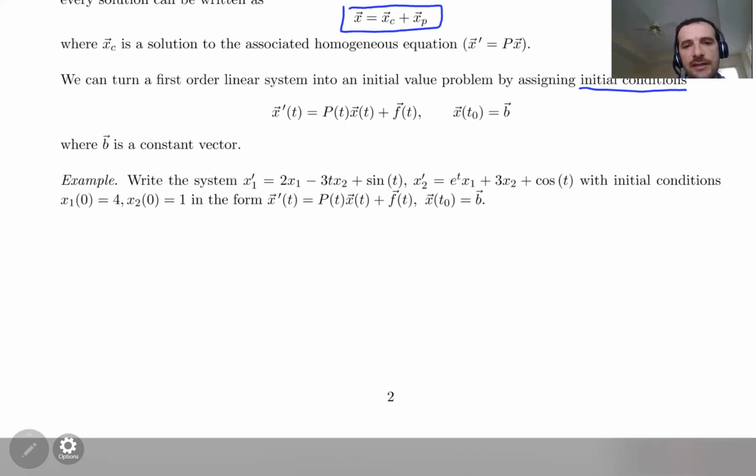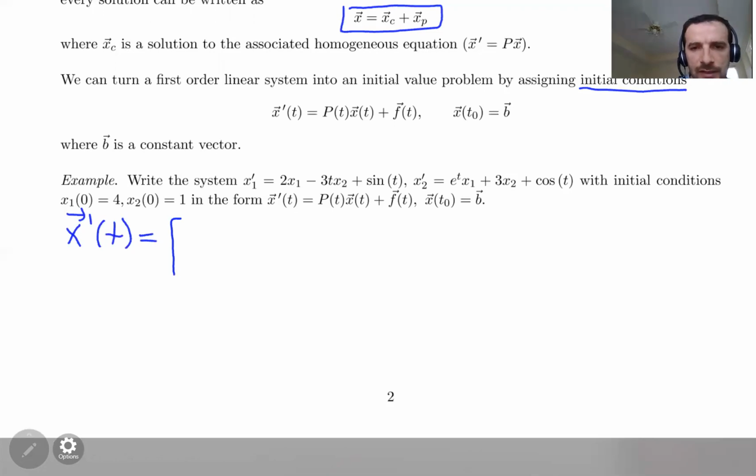Let's rewrite these in this vector equation form. Okay, maybe I can start with x prime of t is equal to, what is p of t?